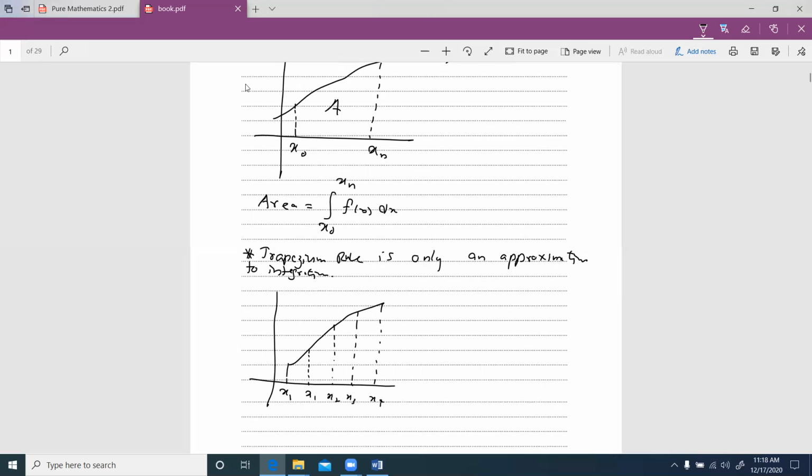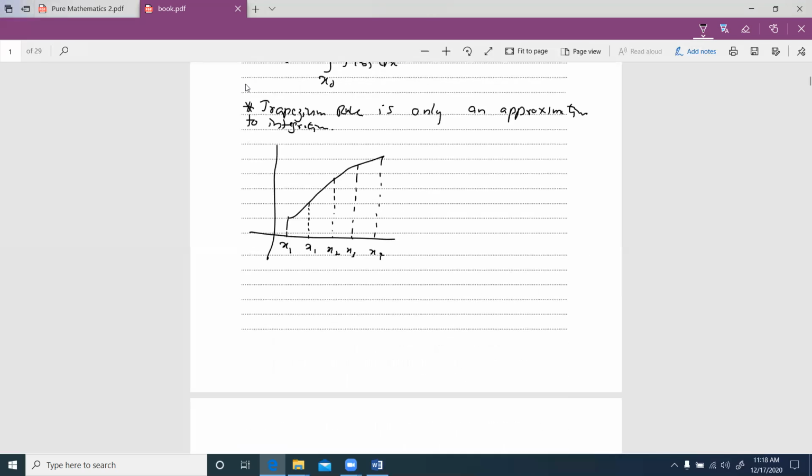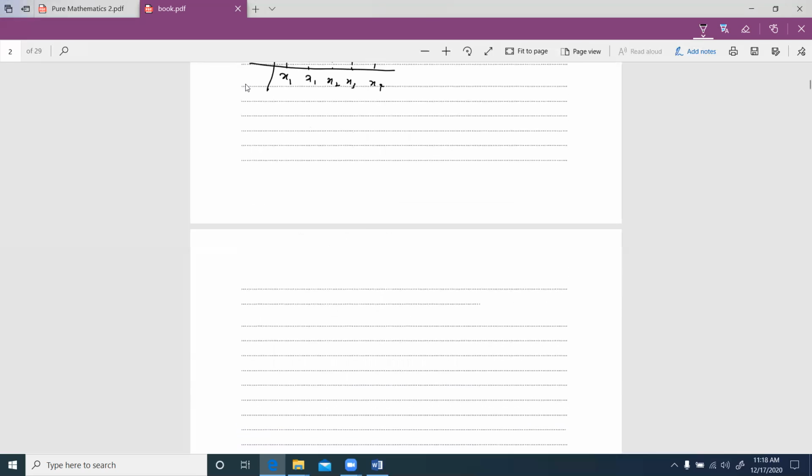For example, suppose that I need to find this kind of question. There is a graph somewhere like this.